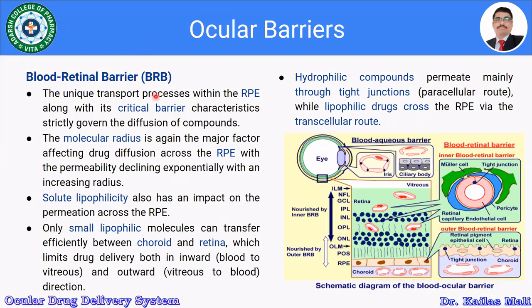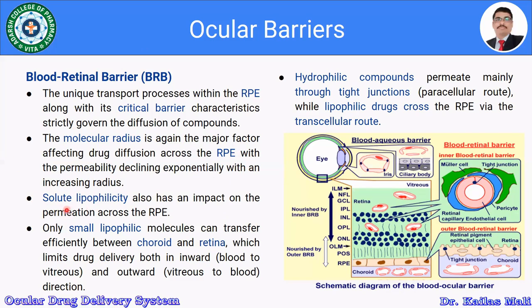The unique transport processes within the retinal pigment epithelium, along with its critical barrier characteristics, strictly govern the diffusion of the drug. Furthermore, molecular radius is again the major factor affecting diffusion across the retinal pigment epithelium, with permeability declining exponentially with an increasing radius.